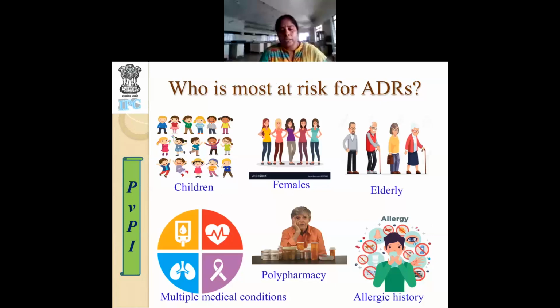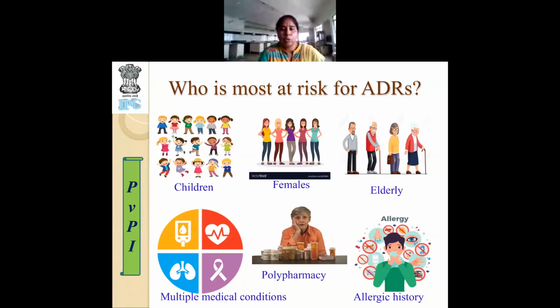And even allergic history. I can give one example here. During the COVID vaccination time in our hospital, one individual who was given Covaxin did not reveal his past history. He was given the Covaxin vaccination, and immediately he developed syncope.